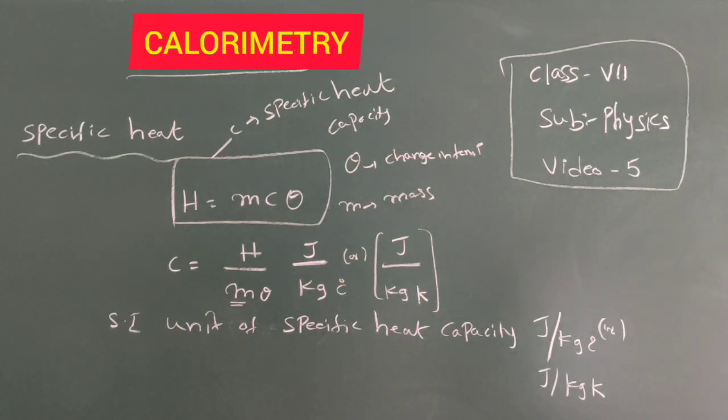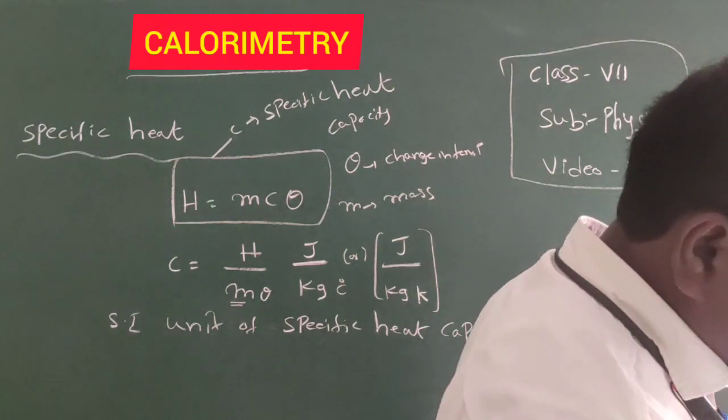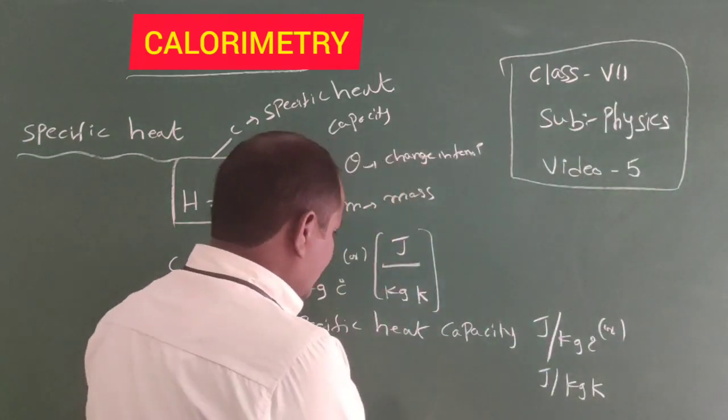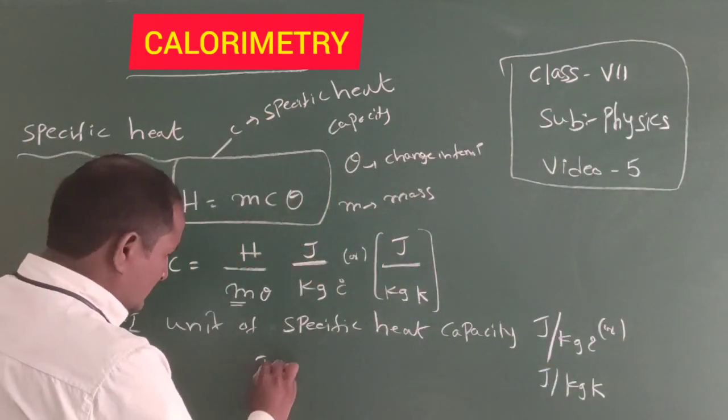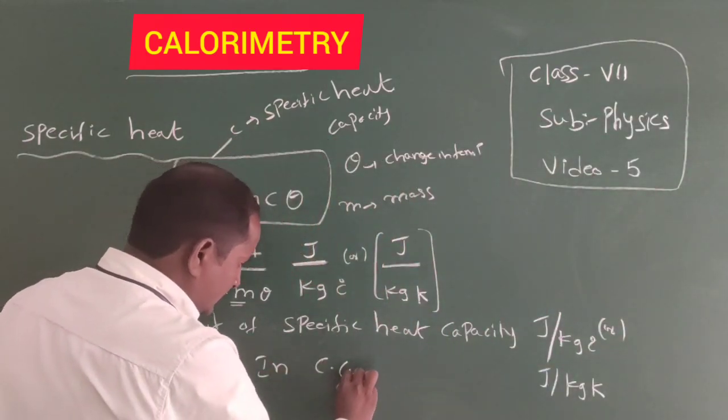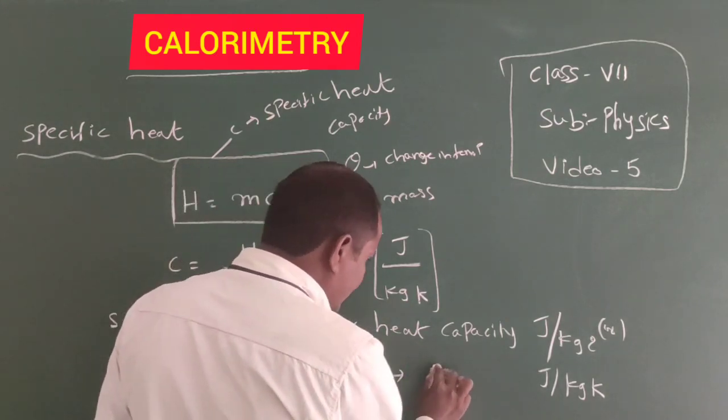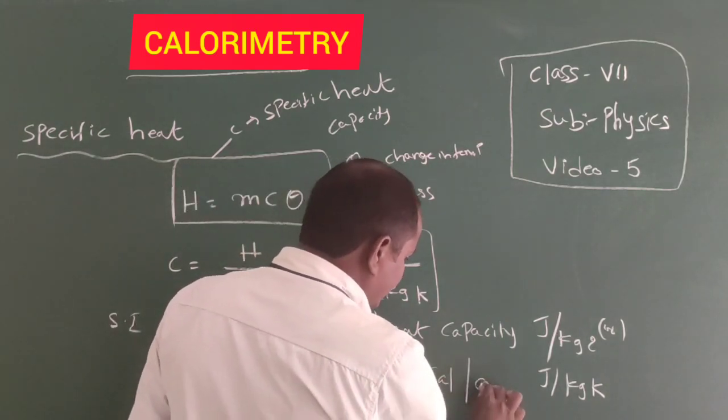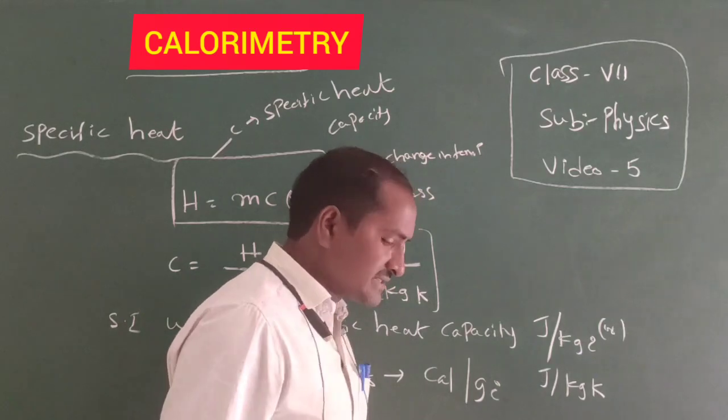In the CGS system, it is measured in calories per gram degree Celsius.